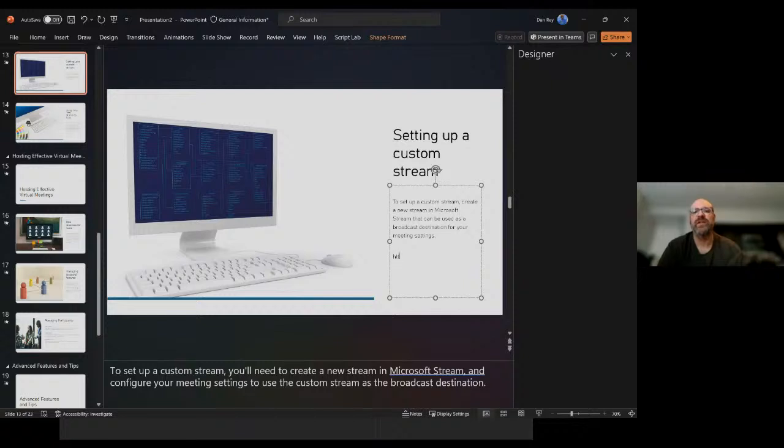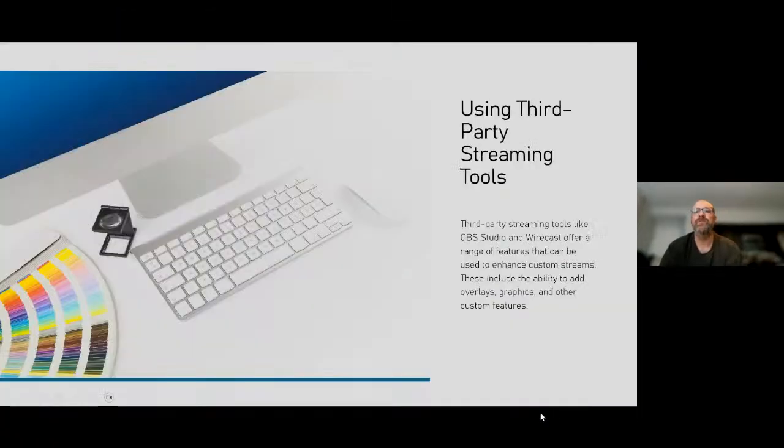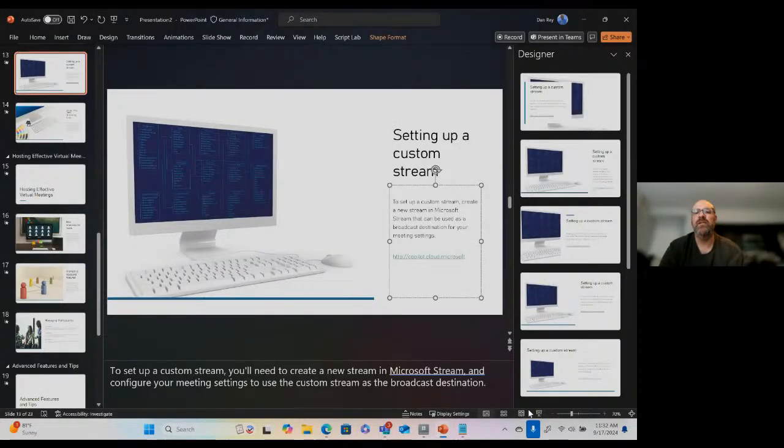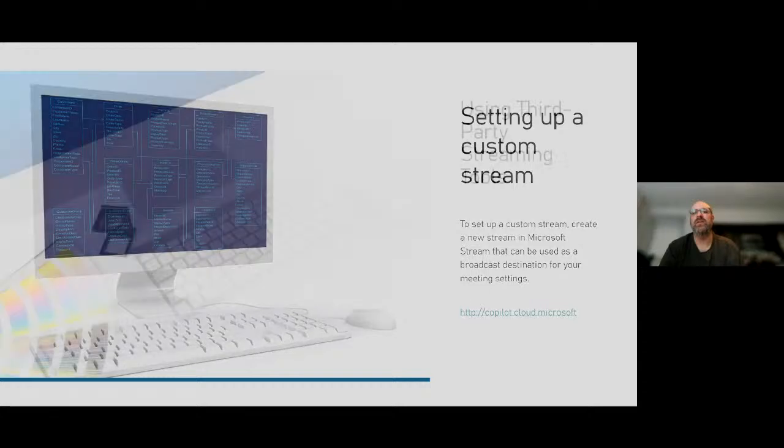So for instance, if I put in a link here to copilot.cloud.microsoft and hit enter, and then I go back to present mode, and we go back to that particular slide. Normally it picks these up immediately. There it goes.